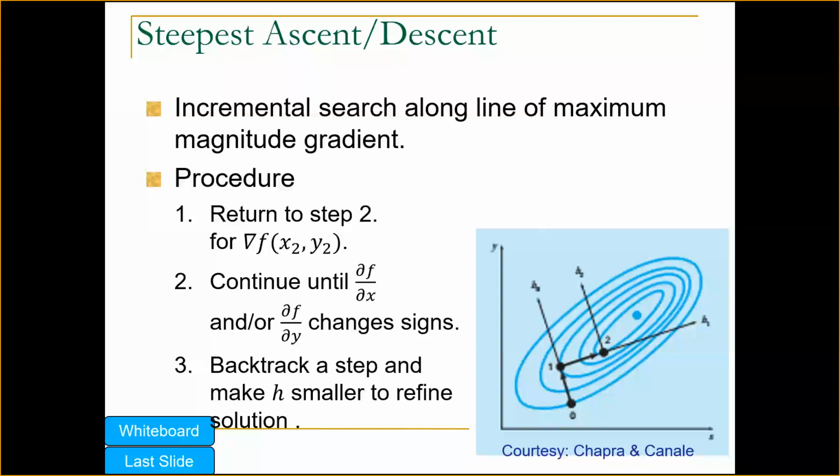Normally, it's normal to say cut it by a half. So you start with a certain step size, and the step size will work, and you'll keep going up and up and up the slope, and suddenly you'll realize, I'm no longer going up, I'm going down. The moment you realize you went down, you step back, you cut your step size in half, and then you step again.